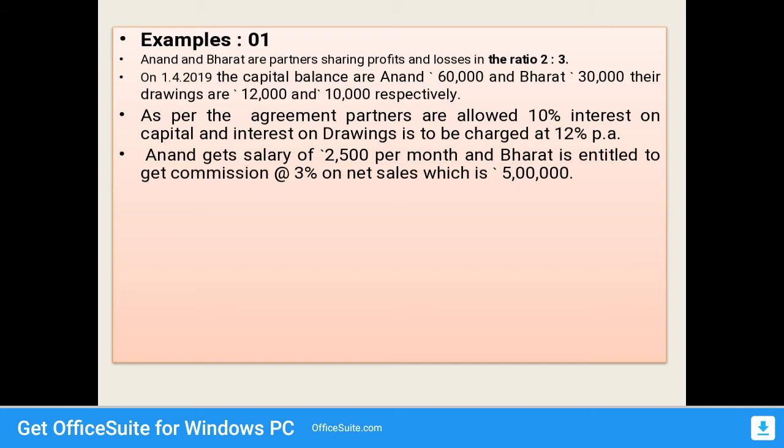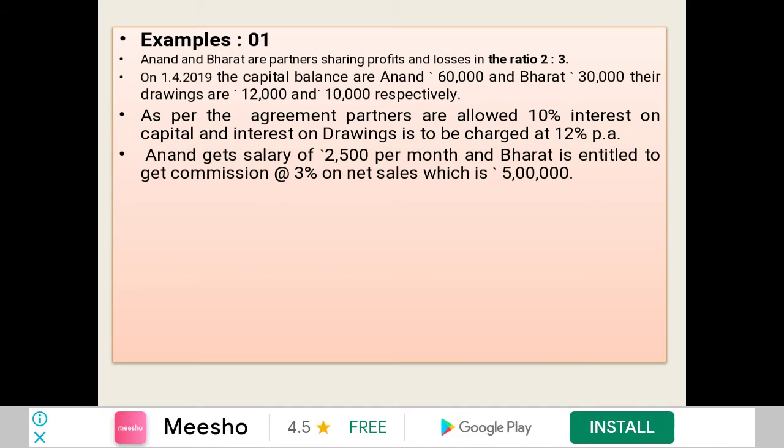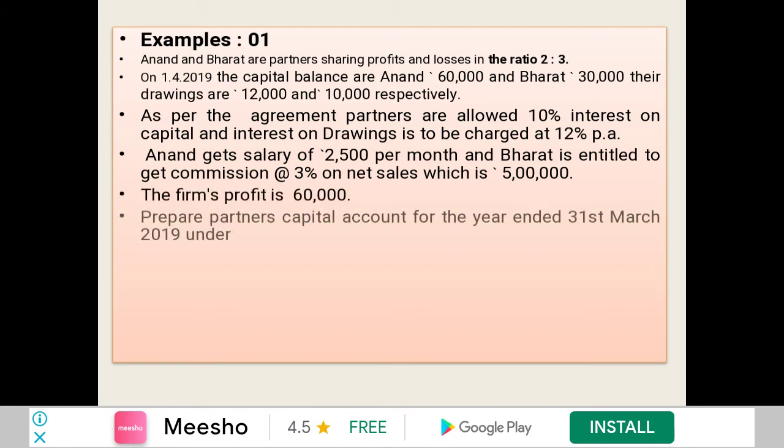per annum. Anand gets a salary of rupees 2,500 per month, and Bharat is entitled to get commission at the rate of 3% on the net sales, which is 5 lakh. The firm's profit is 60,000.